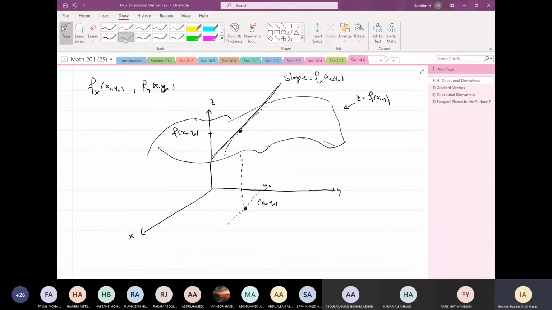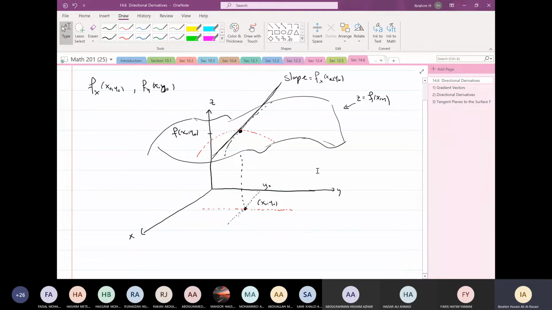F sub y, now for f sub y, I will be moving parallel to the y-axis. So I will move in this direction here. What is the image of these points? It will be a curve on the surface. So when you go along the red points here, you get a curve on the surface.